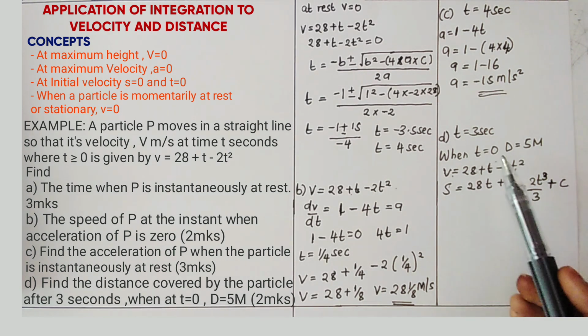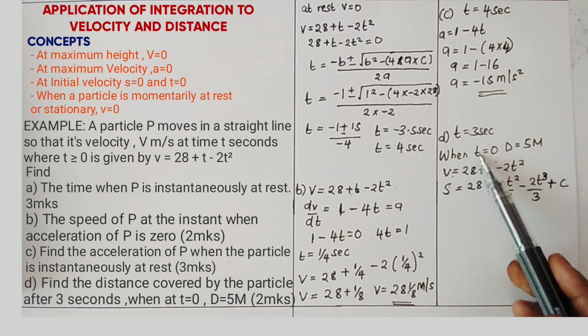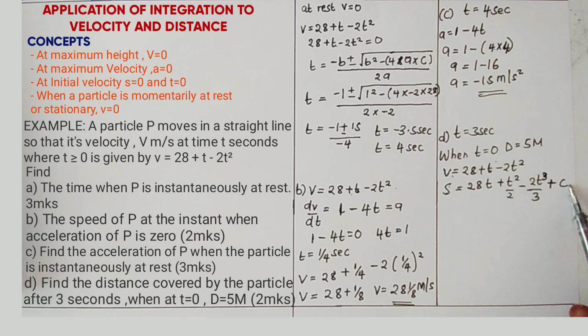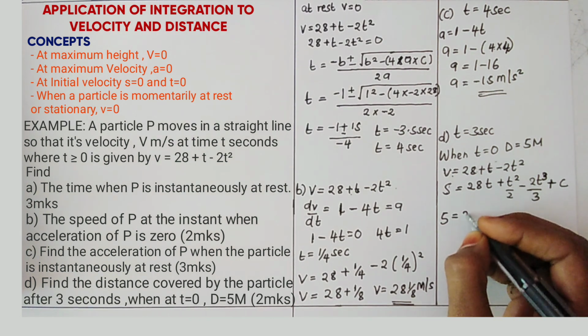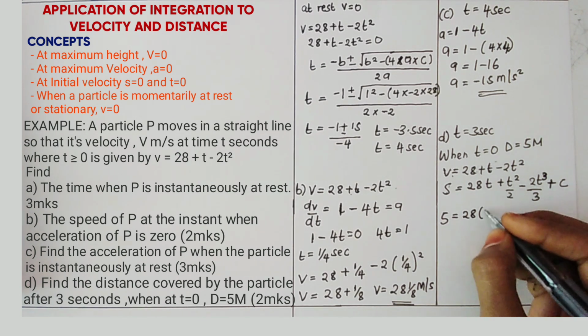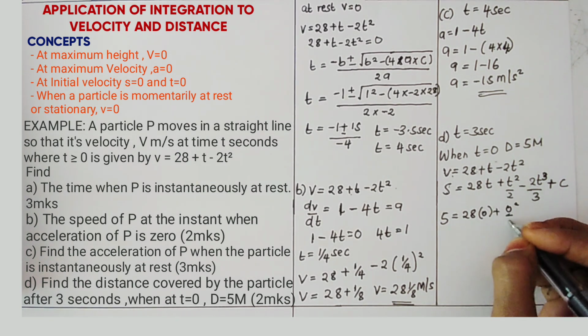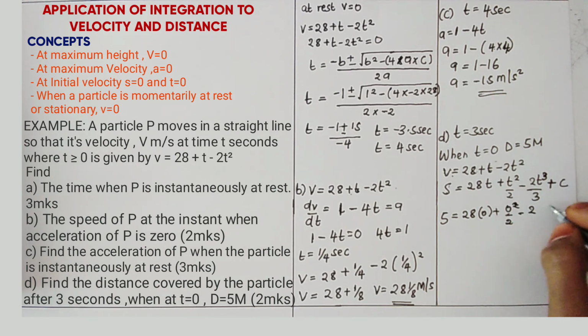But I have two values, that is 5 meters, that is distance, and time, which is 0. So I can use those two values to find the constant of integration. I say 5 is equal to 28 into brackets, I have my t is 0 plus 0 squared divided by 2, minus 2 times 0 cubed divided by 3 plus c.